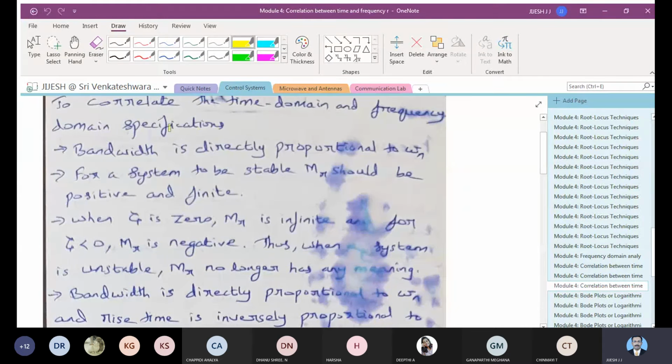So to correlate the time domain and frequency domain specification, what all things you have to keep in your mind? First one is that the bandwidth is directly proportional to omega n.